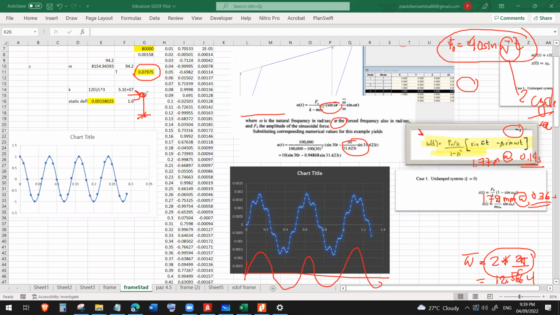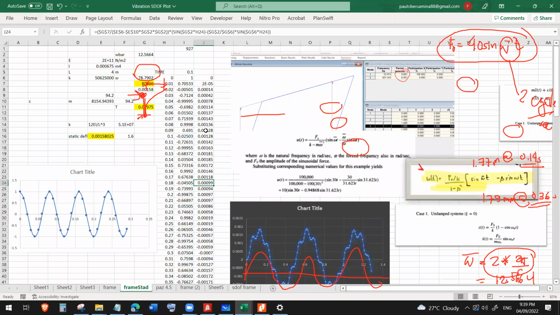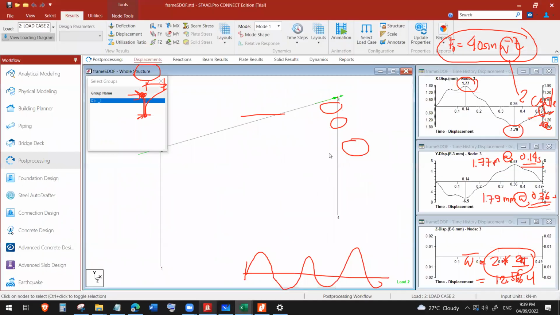The behavior of the structure during its lateral deformation is almost the same with how the cyclic lateral force is behaving. So that's how we were able to implement in Staad a simple single degree of freedom forced harmonic vibration.